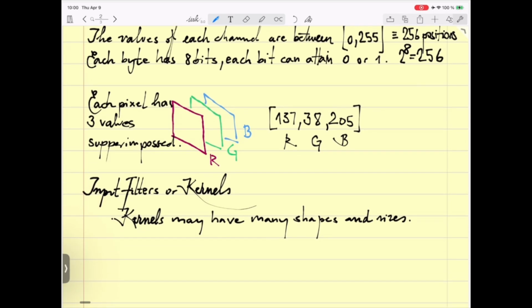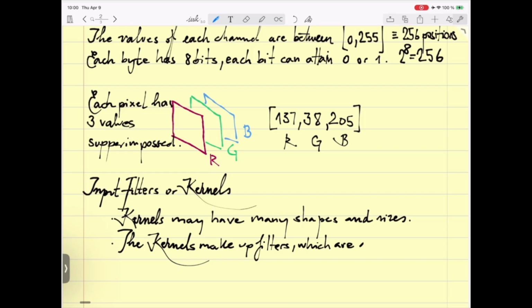The kernels make up filters, which are a parameter in the convolutional layer.